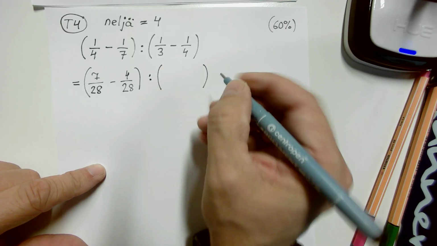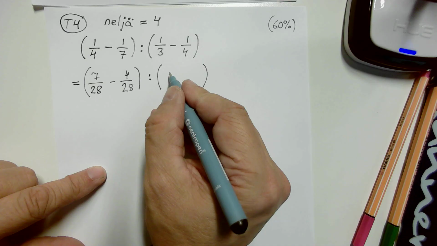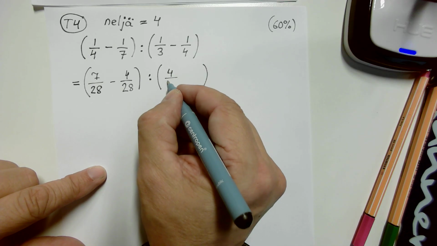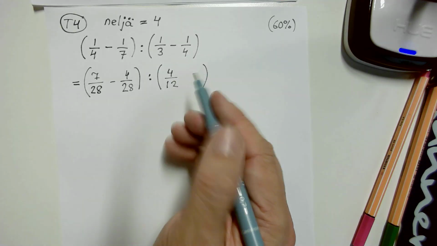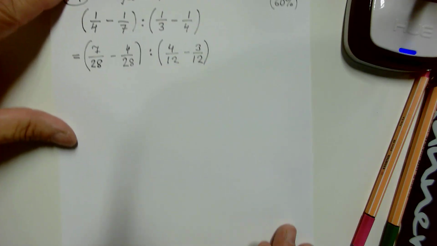And what will be here? 4 divided by 12. There is 12. 3 times 4 is 12 minus 3 divided by 12.